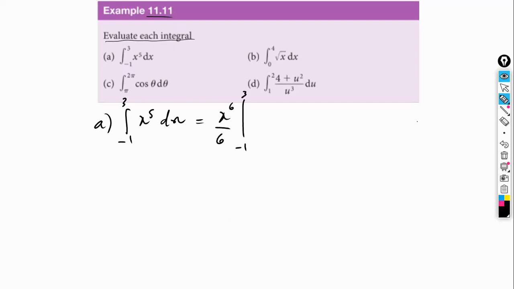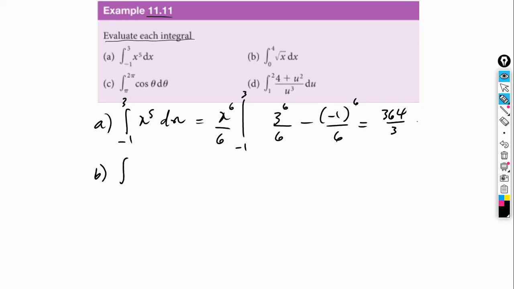So that means that first we have to plug in 3, so that's going to be 3 to the 6 over 6 minus, and then we would plug in -1, which is -1 to the 6 over 6. And then if we do the math here, we're going to get 364 over 3.